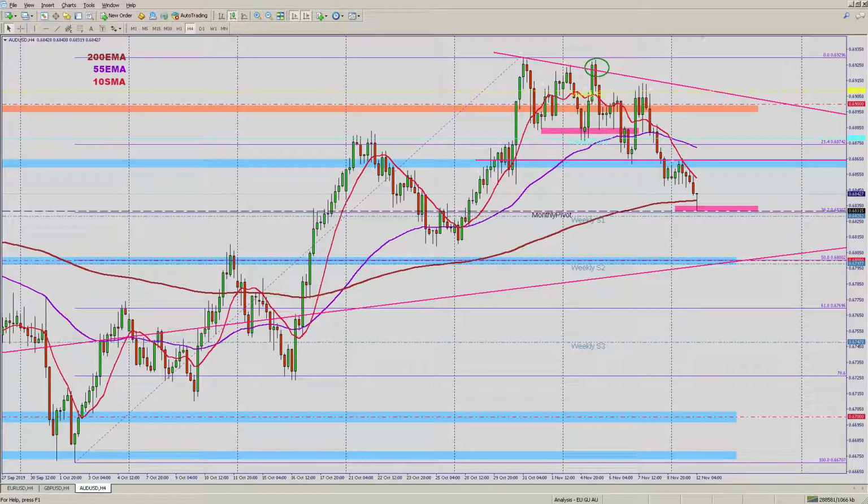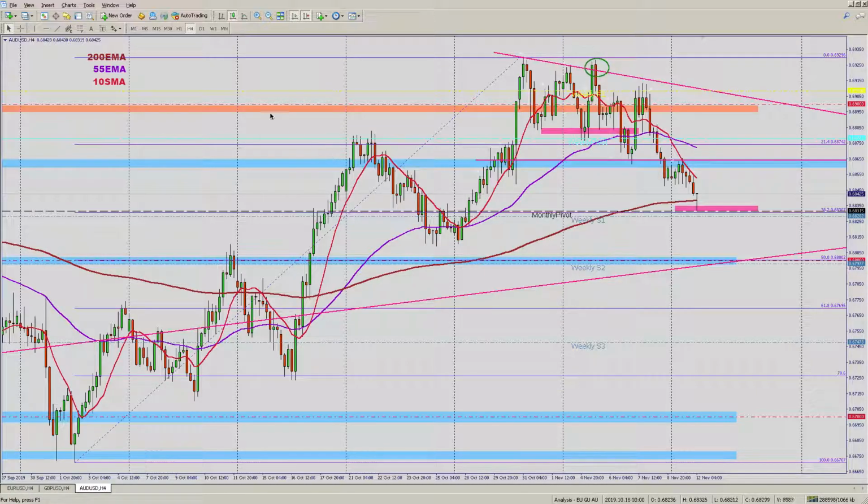So we'll see what happens with that news from the New Zealand Central Bank, where it seems that they're expected to cut interest rates another time. So that could also impact and pull the Aussie dollar lower down into the 50% fib retracement level and the support zone where the lower trend line is as well.